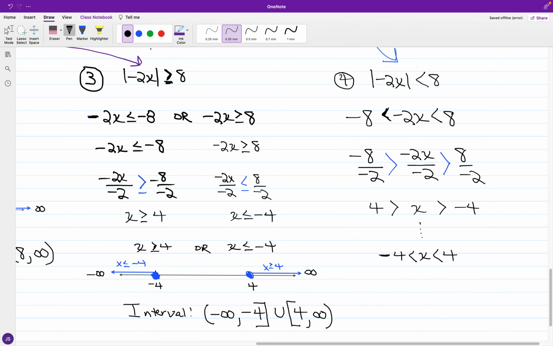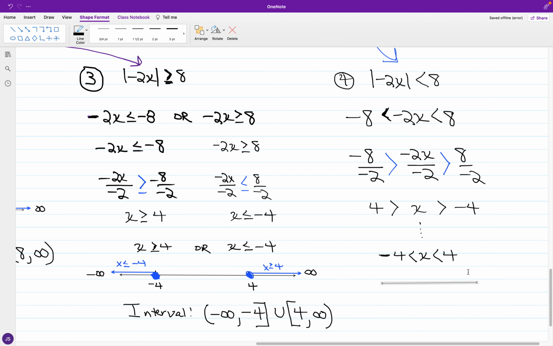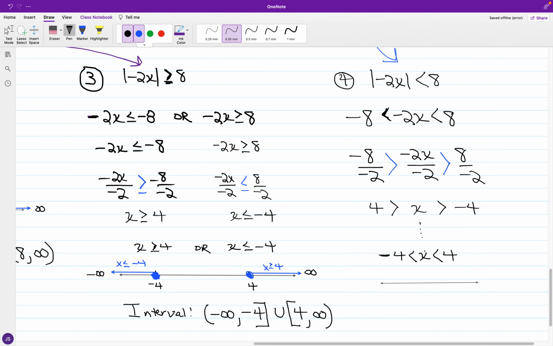And so applying a visual, between -4 and 4, neither -4 nor 4 will be included.